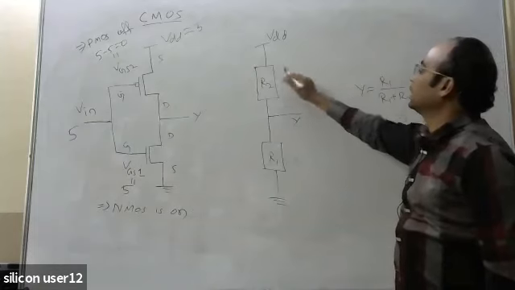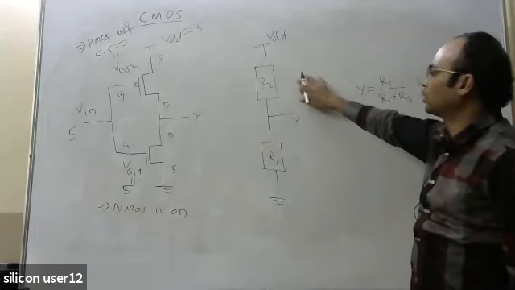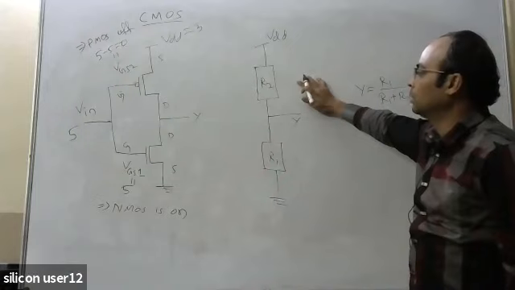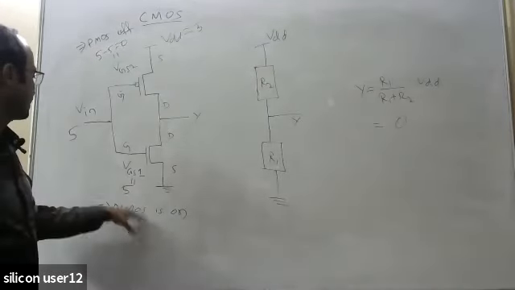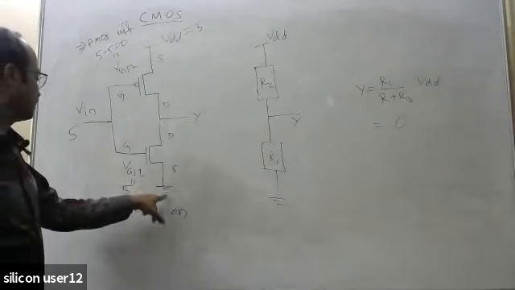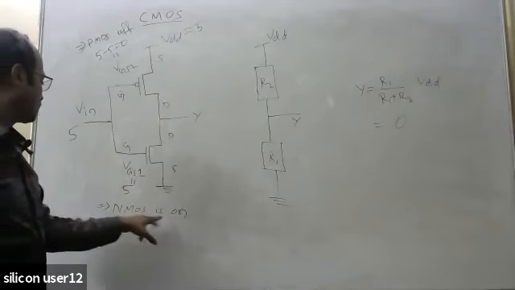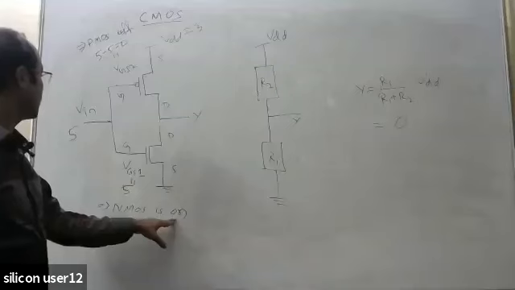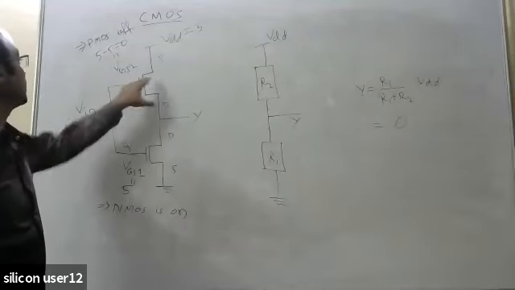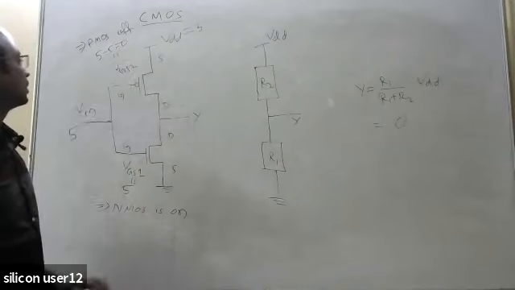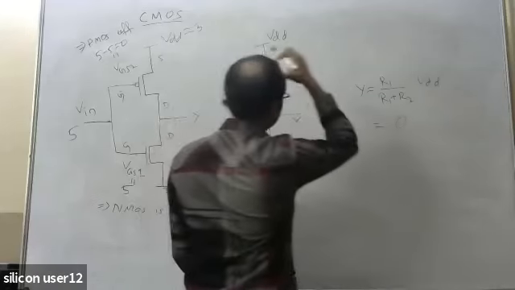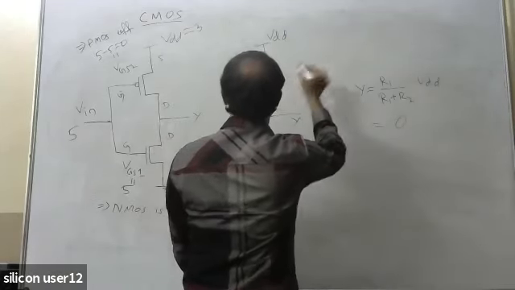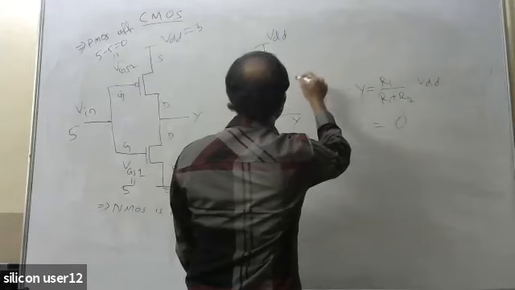Okay, so here the resistance of this R2 will be what? No, just wait. I did some mistake here. 5 volt, so the NMOS is on. 5 minus 5 is 0, off.